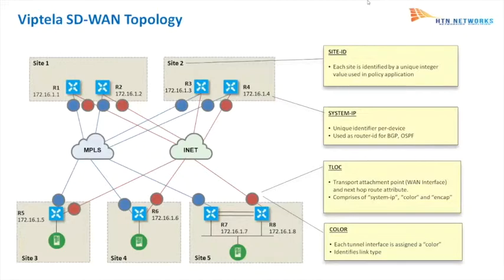So in one branch office, you can have this. This is one thing that is basically called TLOC extension. It's the concept of TLOC extension. So if you see in site 5, both routers are connected to each other, right? They have two black lines between R7 and R8.